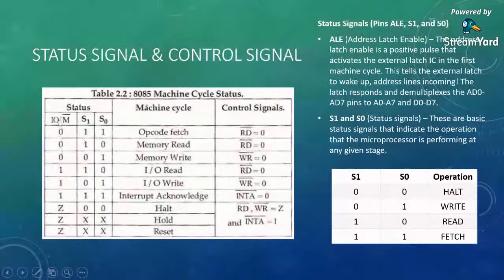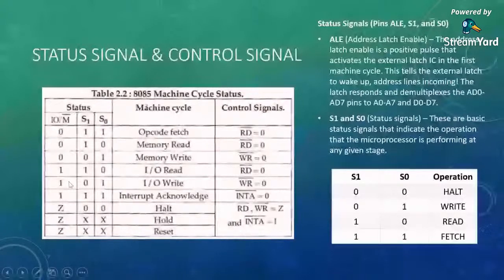If IO/M is 0 and status is 1, 0, it means that you read from the memory, so the read is 0. If it is 0 and the status signal is 0, 1, then you write to the memory, so the control signal is write.